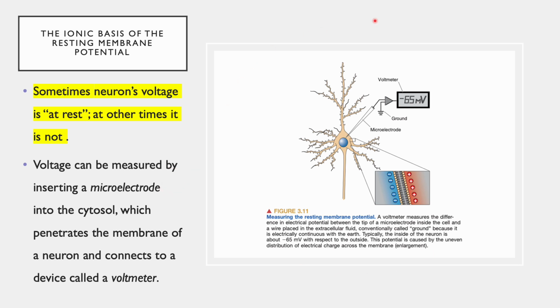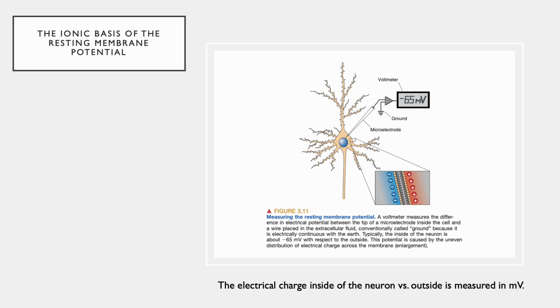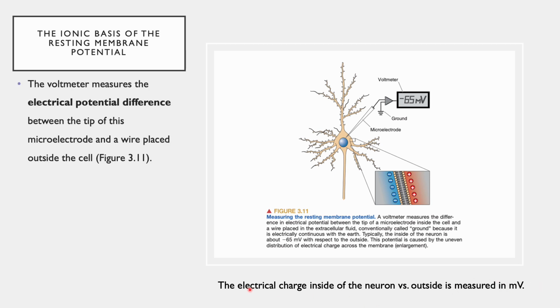We'll take this example here in figure 3.11. You can actually measure the resting membrane potential in the cell by taking a cell in a petri dish and inserting a voltmeter into its cytosol in the cell soma. As you can see, the voltmeter can actually read if the neuron is at rest or not. The electrical charge inside of the neuron versus the outside of the neuron is measured in millivolts.